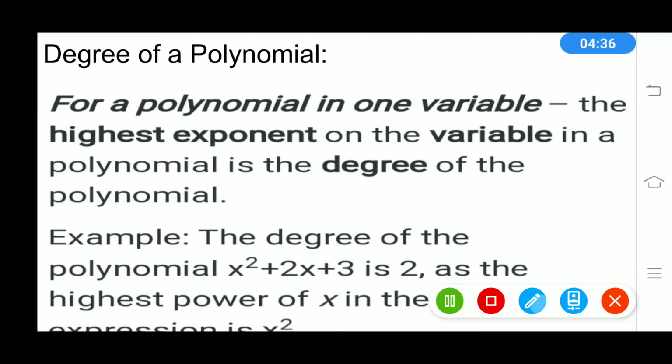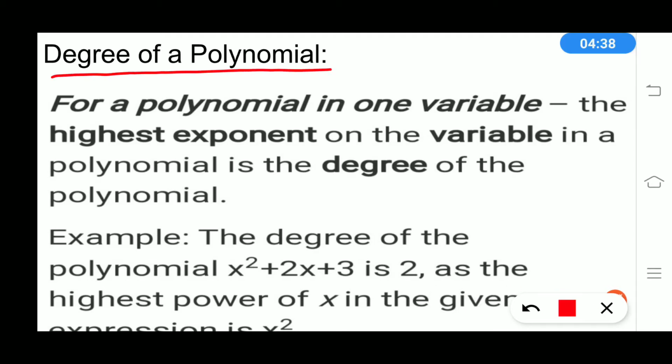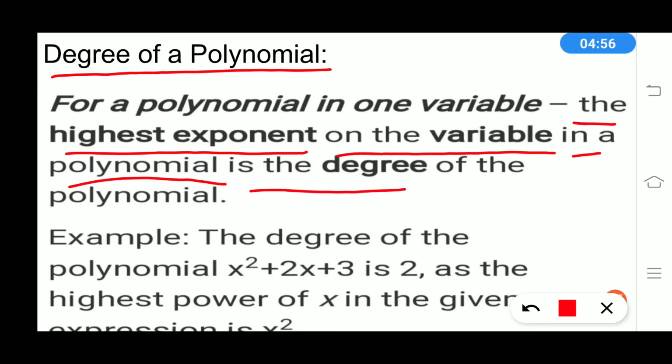Now the definition of the degree of a polynomial. For a polynomial in one variable, that means a polynomial in one variable, the highest exponent of the variable in a polynomial is the degree of the polynomial.